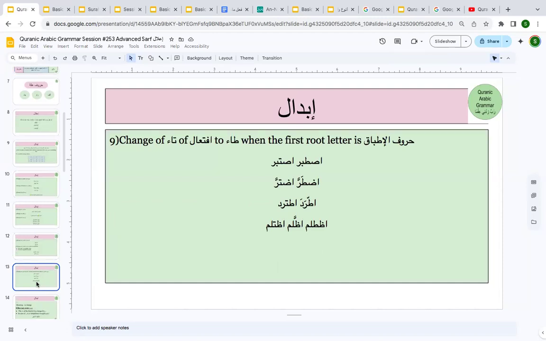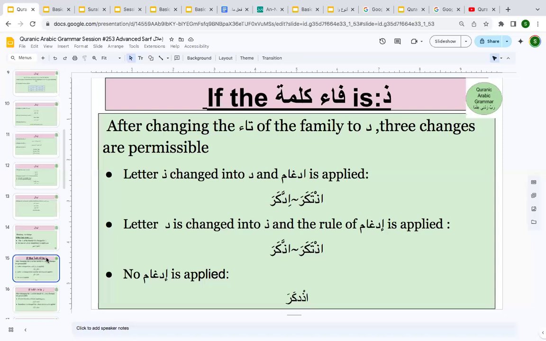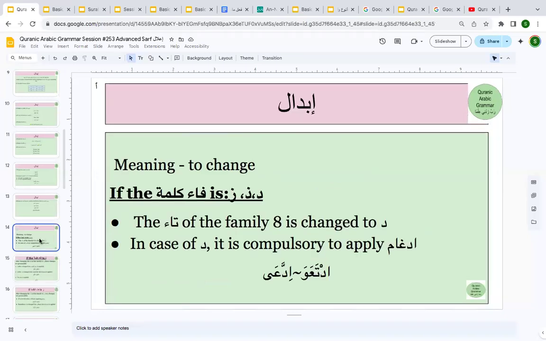So now the last case that I have for you is how all the tas of the ifta'al family get changed into ta. All the notes where we had learned Ibdal in great detail, when we were learning family eight, I have put all those notes together for you. For those of you who are not with us, it is going to be a good source of information.